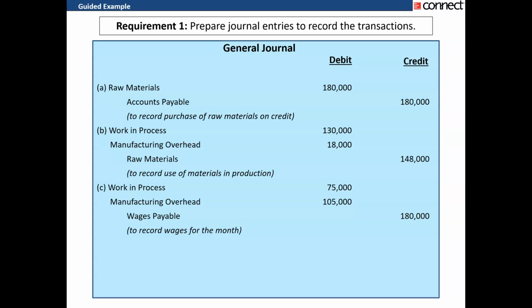The manufacturing overhead portion of the wages is maintenance staff, janitorial staff, supervisor salaries, and the plant manager. They oversee and work with everything, not just one product. So that goes into manufacturing overhead. Then the credit goes to wages payable for the full amount.